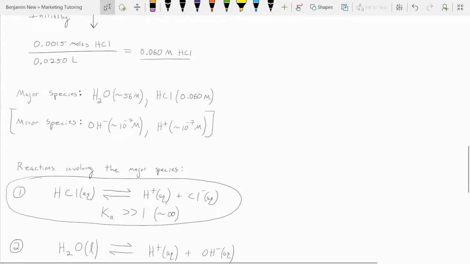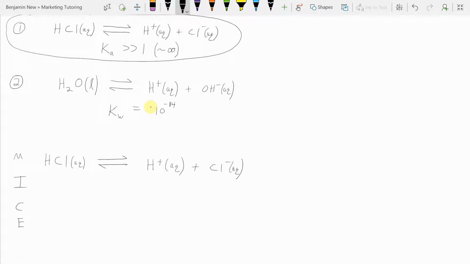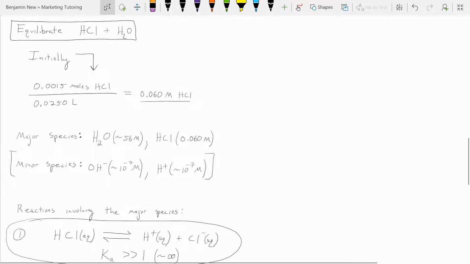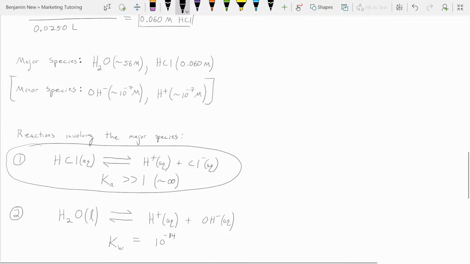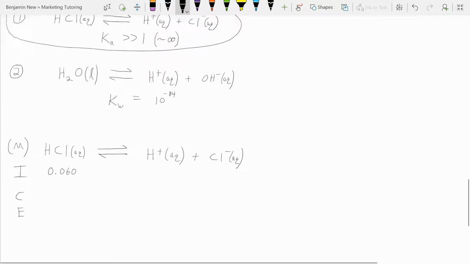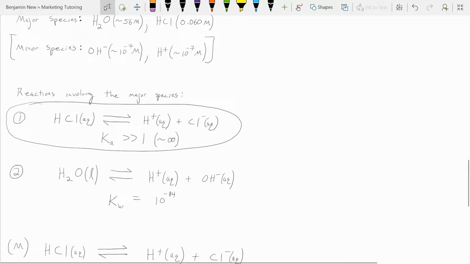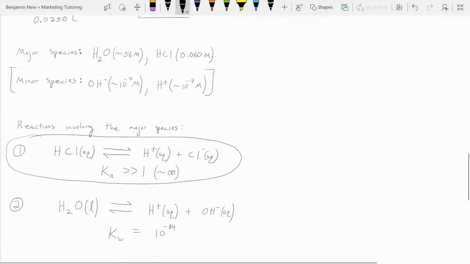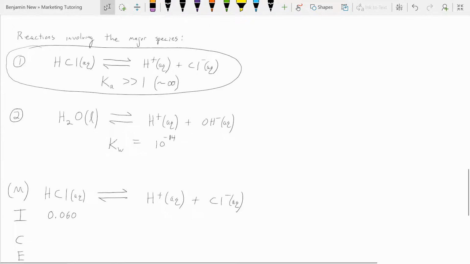So HCl, the initial concentration, I should write that everything in this table is in molarity. The initial concentration, well, we calculated that. That's 0.060 for HCl. We write 0.060. And H plus, we don't have any of that, or we rather assume that it's 0 compared to 0.060. 10 to the minus 7 is like a million times smaller than that.